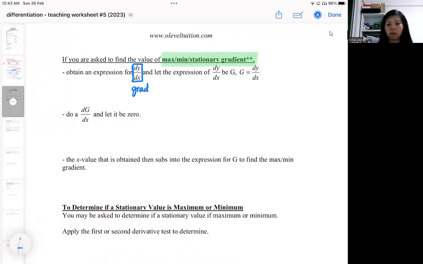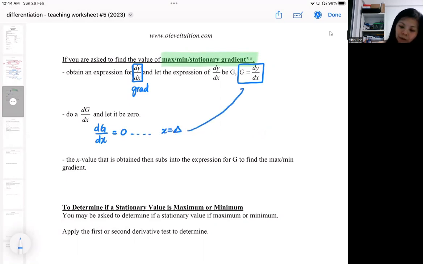So in order not to get confused, I will usually let G be dy/dx. Okay, so you get a formula for the gradient. It's the same approach. You get a formula for gradient, then you do dG/dx equal to 0. You will get a special x for you to put back to get the minimum gradient or the maximum gradient.